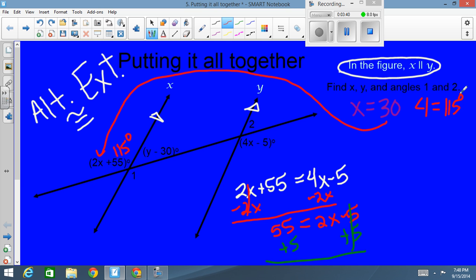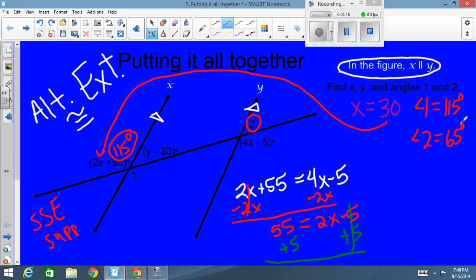If you look at the angle that's 115 degrees here, and angle 2, those are same side exteriors, SSEs. And we know that same side exteriors are supplementary. So if this first angle is 115, angle 2 has to be 180 minus 115. So angle 2 is 65 degrees.